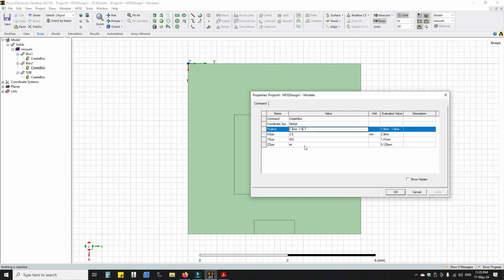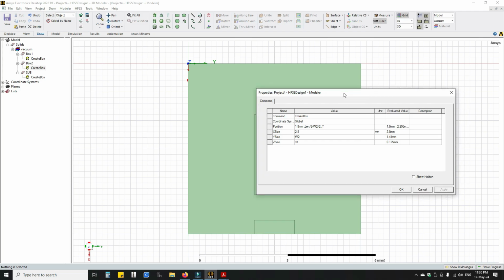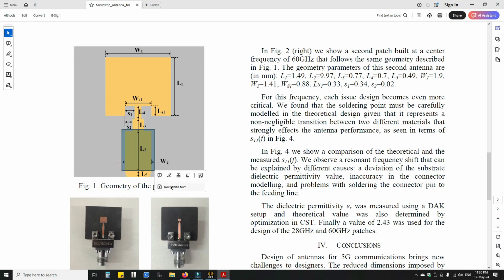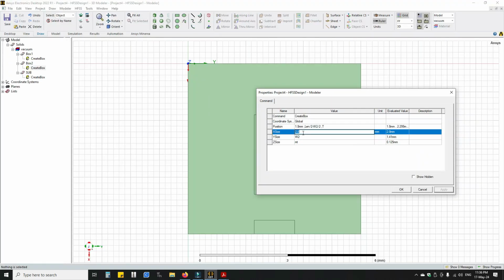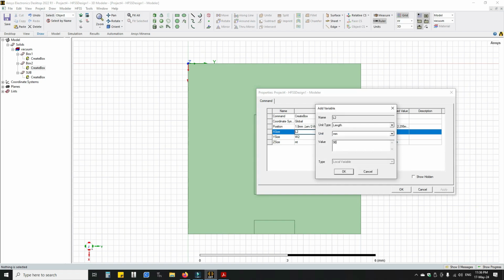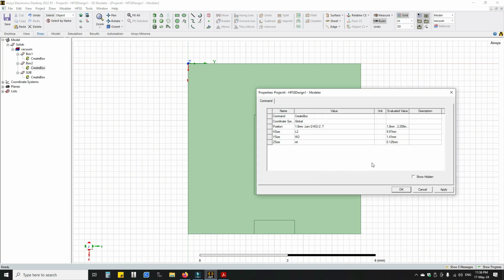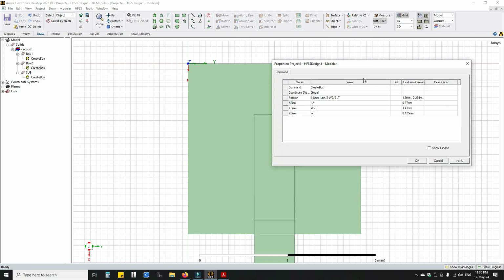At the same time, it is starting at the right: length by 2 minus W2 by 2. Here's the grid point. The total length is L2. It is 9.97 mm, units already there. Very good.